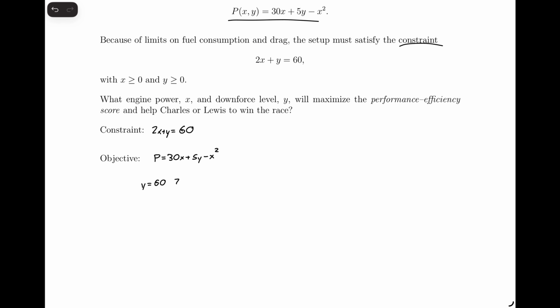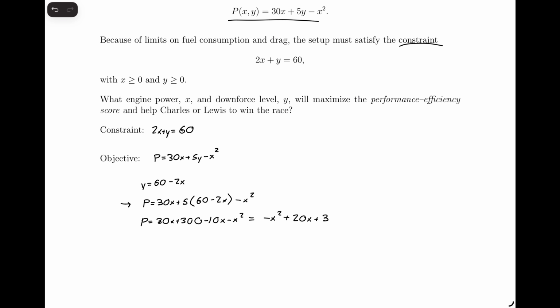We'll have y equals 60 minus 2x, and then plug that into P. So I'll have P equals 30x plus 5 times the quantity 60 minus 2x, minus x squared. Simplifying that a little bit more, we'll have 30x plus 300 minus 10x minus x squared. So all of that is equal to negative x squared plus 20x plus 300.